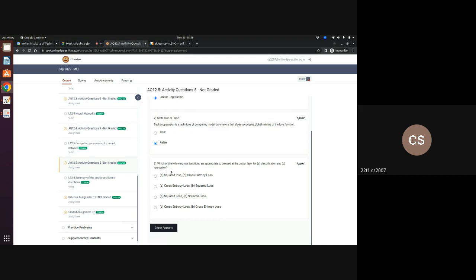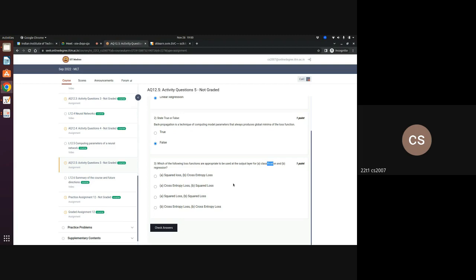Next one. Which of the following loss functions are appropriate to be used at the output layer for classification and regression? I told you, in case of classification, if it's a binary classification problem, then you will use logistic loss, binary cross entropy loss. You can also call it logistic loss.